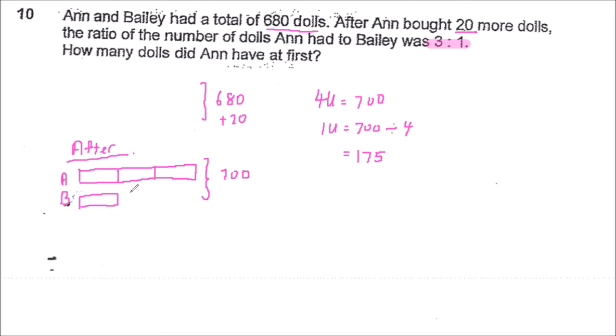Anne would have 3 units at the end. So 175 times 3 is going to give us 525. You have to take away the 20 that she bought to find at first. So it became 505. Okay, so that's the answer.